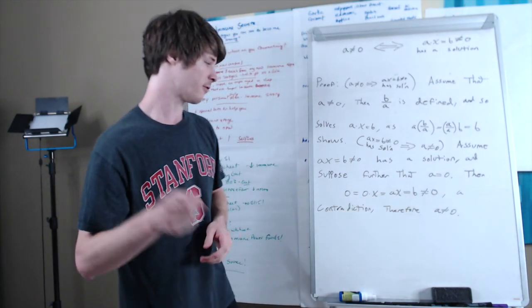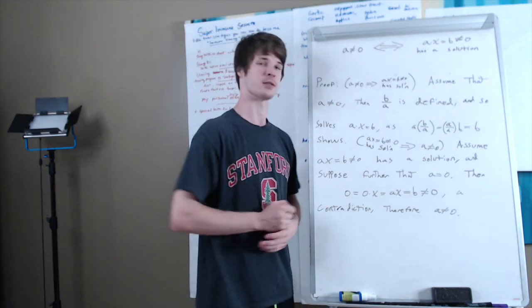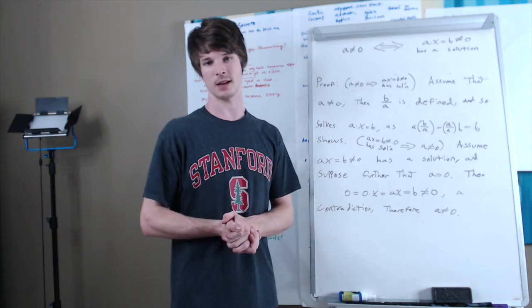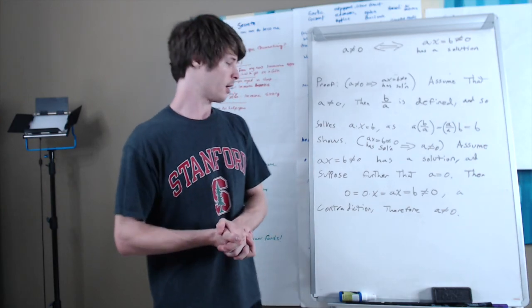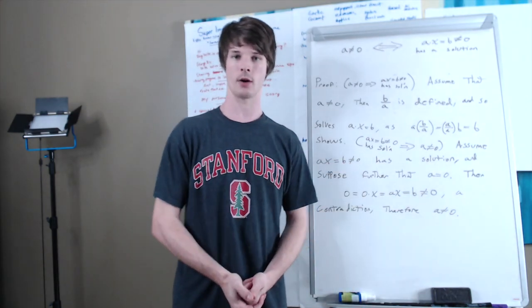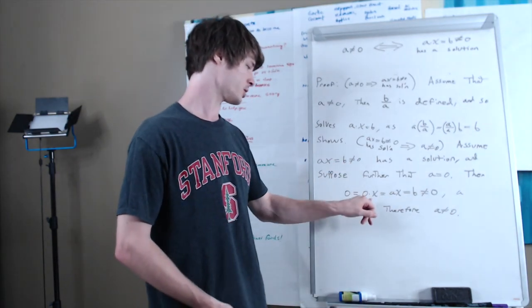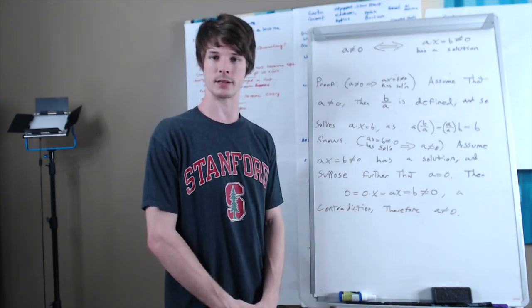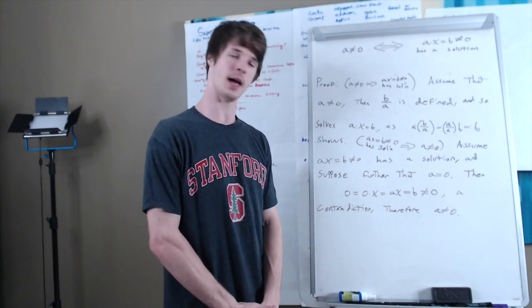Well, if a is equal to 0, then 0 is definitely equal to 0 times x, because anything times 0 is always 0. And we know that a is equal to 0. That was our contrary assumption. So I can just substitute a in for 0 here, and I get that 0 is equal to a times x.